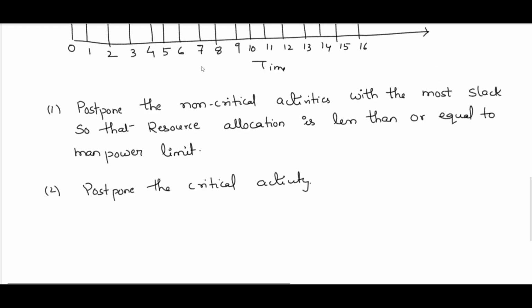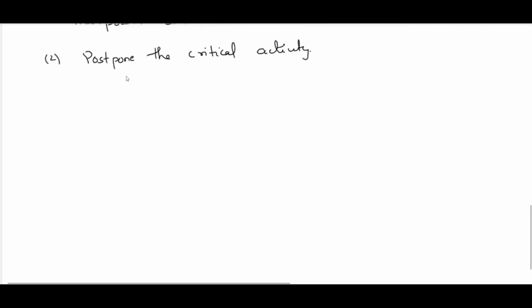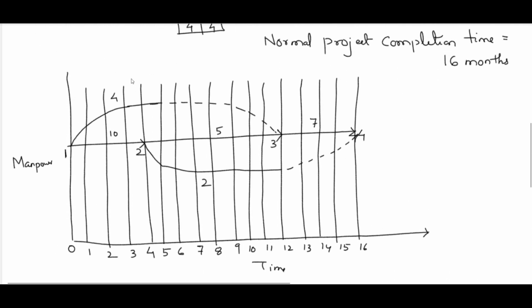So here we can see that we have to shift. Here it is 10 plus 4, it is 14. If we shift this, we will start from node 2, so it will be maximum 10. Let's check what happens. All other things remain the same, because these are the critical activities, and two are the non-critical activities.